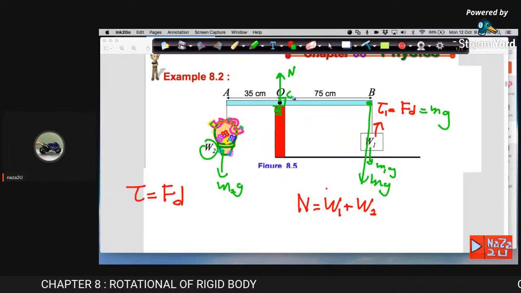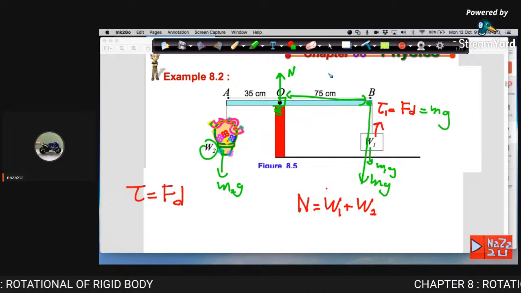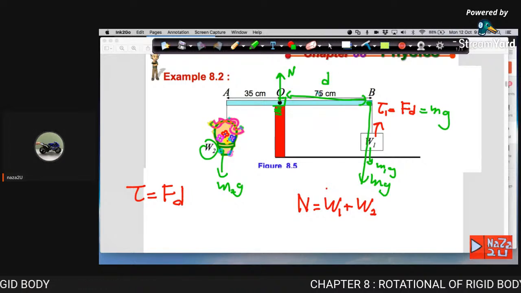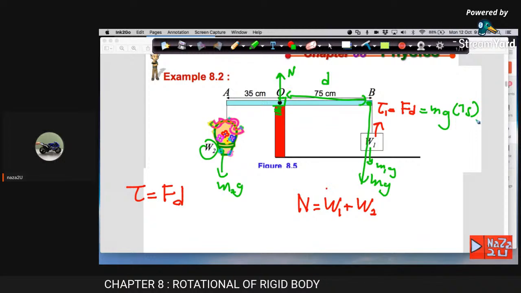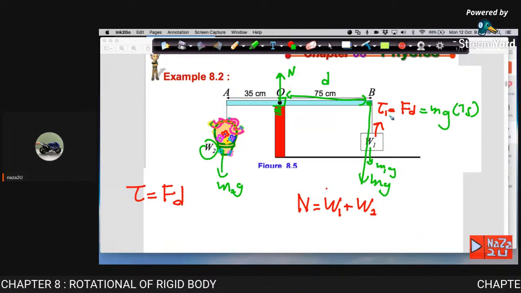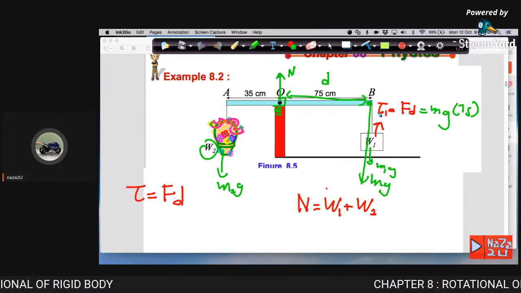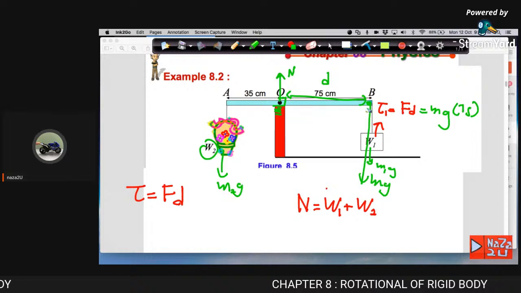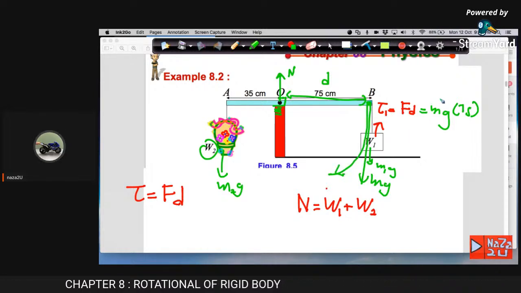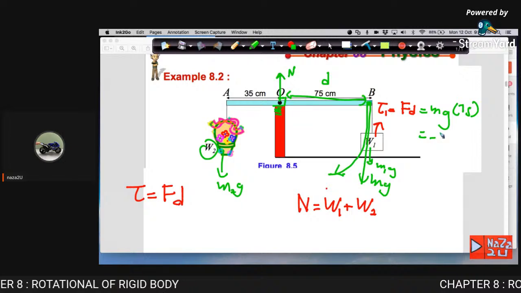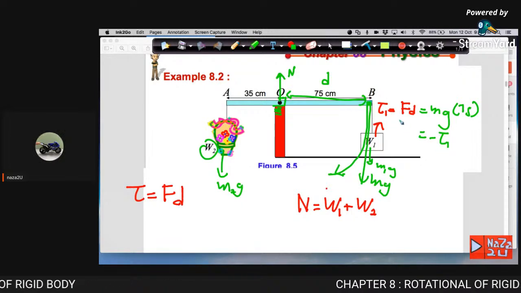So the distance here, this is d. So here is 75. So kamu gantilah 75. Let's say meter or centimeter, right? But if you just consider the torque 1 by the W1, the direction is clockwise. So here we have a negative torque, clockwise.